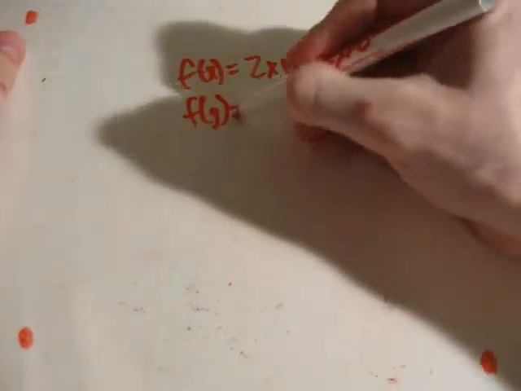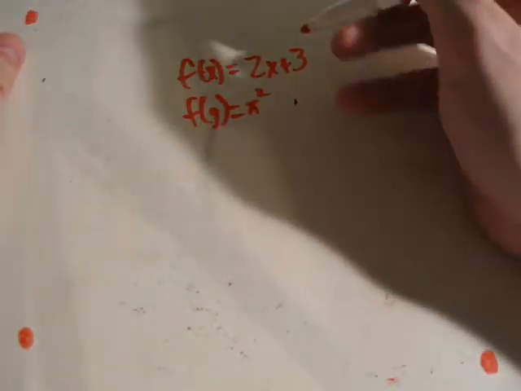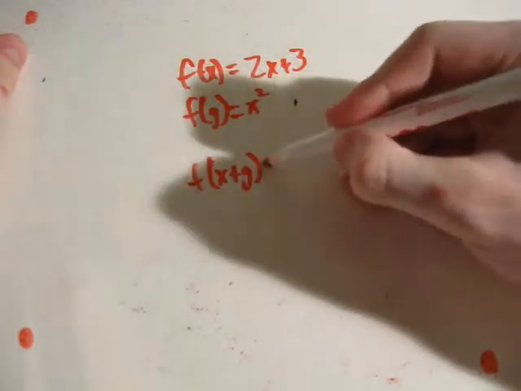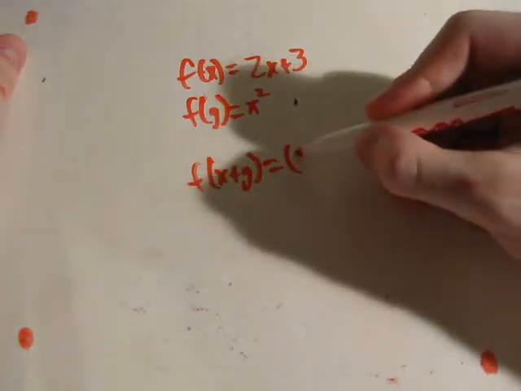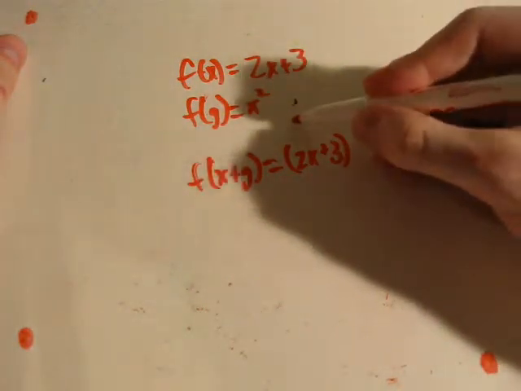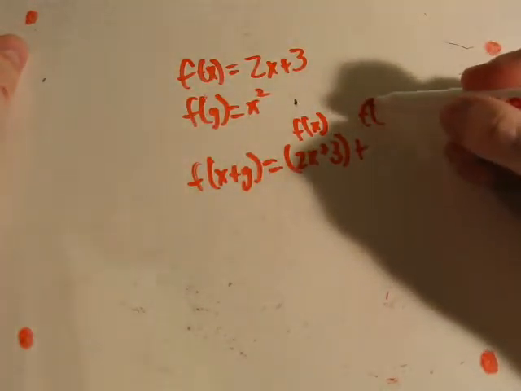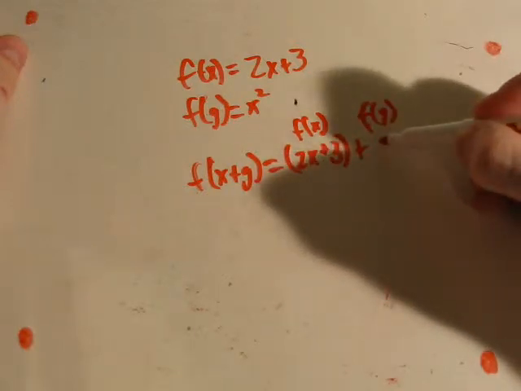So if you've got two problems where f of x is equal to 2x plus 3, and f of g is x squared, then that means that f of x plus g is equal to, first, 2x plus 3, this is your f of x, plus f of g, x squared.